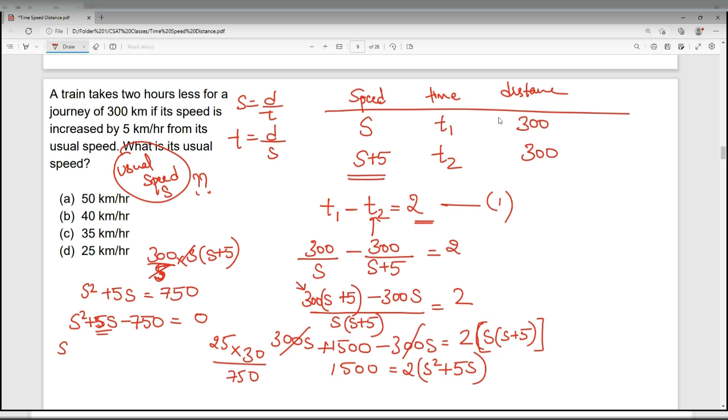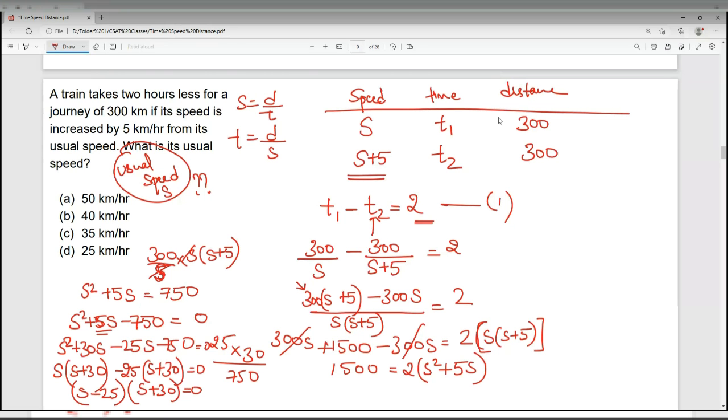So this is s square plus 30s minus 25s minus 750 is equal to 0. If we take s common, s plus 30, minus 25 common, s plus 30. This is s minus 25 into s plus 30.